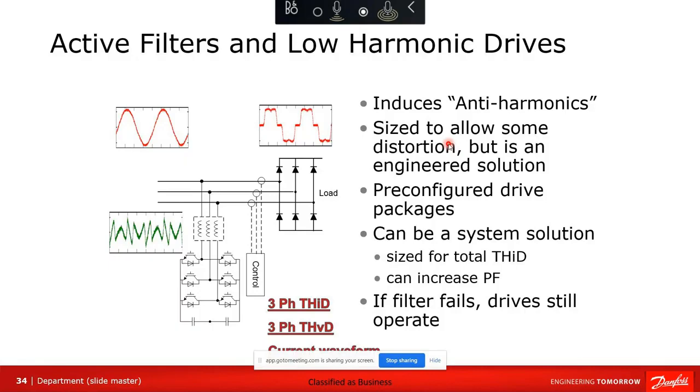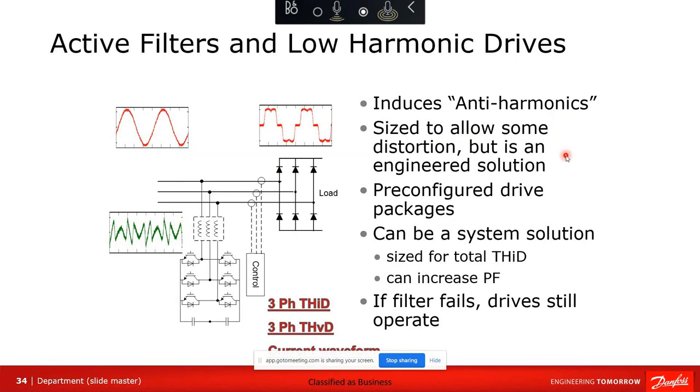It reads with current transformers what the existing harmonic levels are, and it injects currents in counter phase to give me as close to a perfect sine wave as possible. It induces anti-harmonics, that's not really a word. Sized to allow some distortion, but it's an engineered solution.